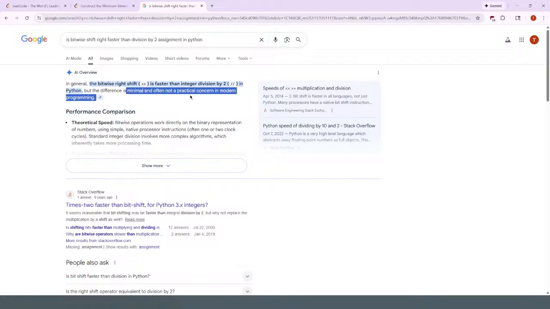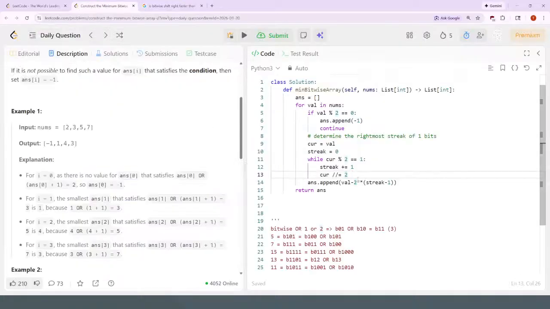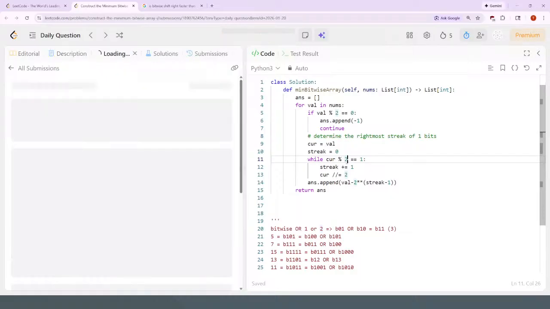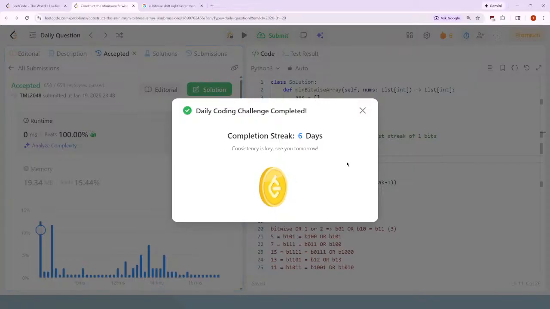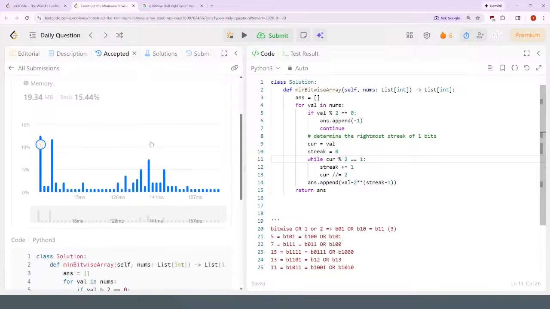The difference is minimal and often not practical concerning one. Alright, sure. Cool.